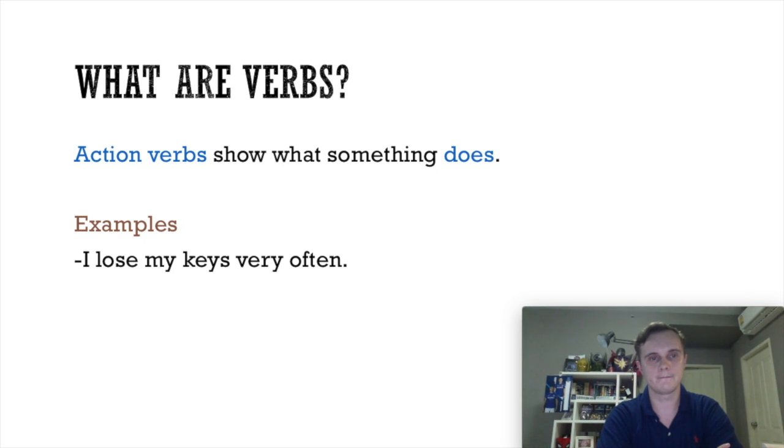So number 1, I lose my keys very often. Which word shows action? Which is the action verb that shows what something does? Okay, I hope you know that the action verb is lose, when you lose something and you cannot find it.